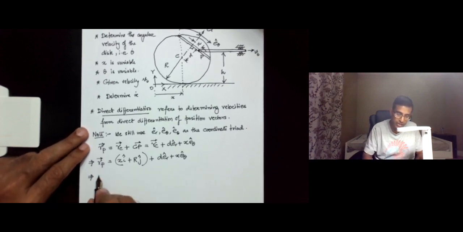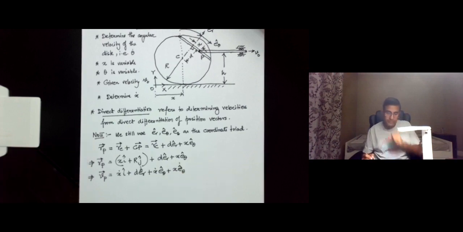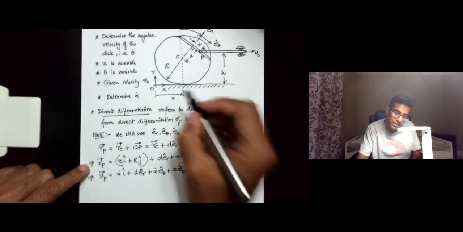So we can then say that Vp is equal to x dot I plus Rj, the derivative of that is going to be 0, plus d ER dot plus x dot E theta plus x E theta dot. Oh, I made a mistake here.